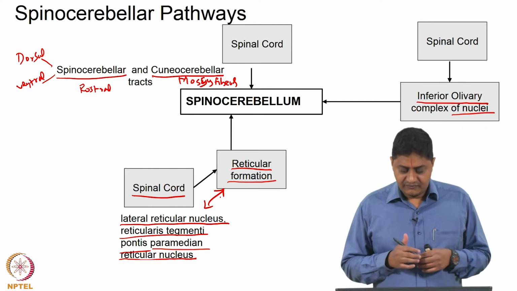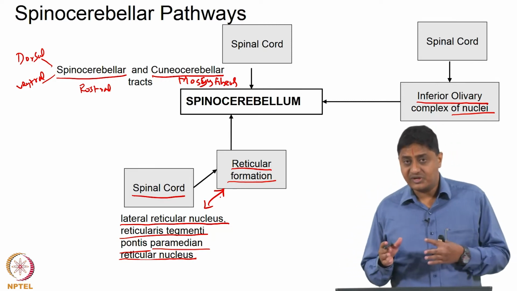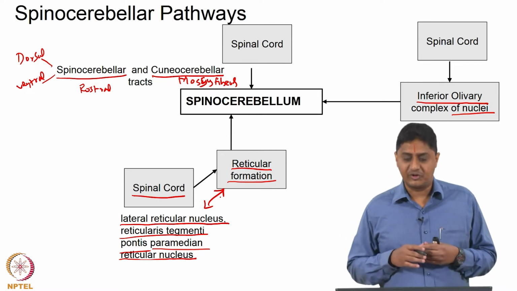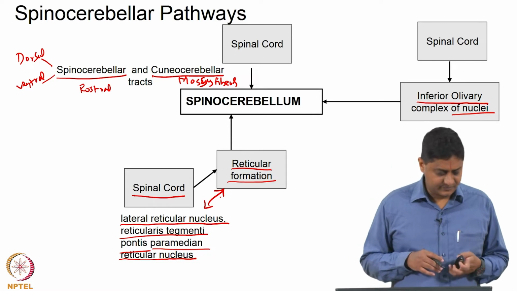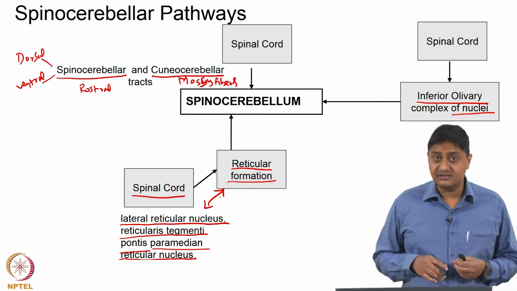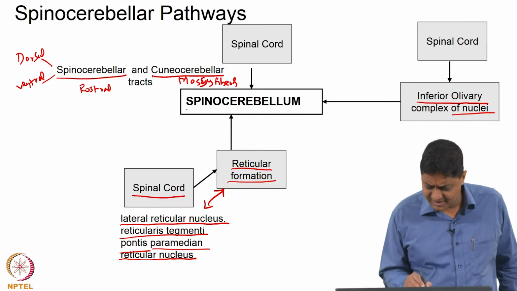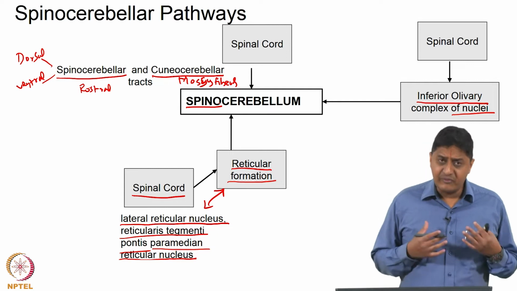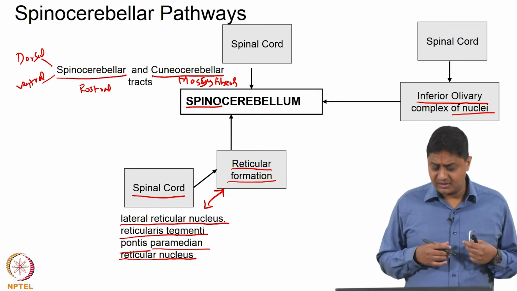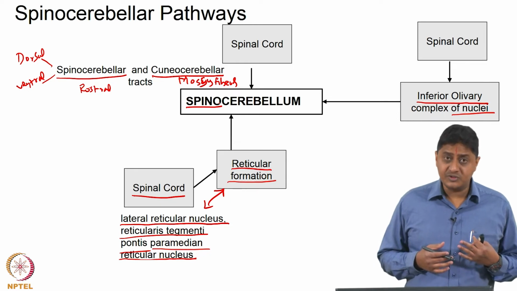And via the reticular formation, from spinal cord to reticular formation to the spinocerebellum, and via the inferior olive. Okay. So, these are the various inputs to the spinocerebellum. There is a reason why this is called the spinocerebellum, right, because it receives information from the spinal cord and processes this information and probably outputs to the spinal cord.